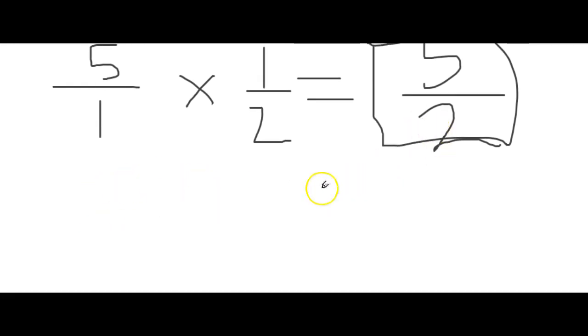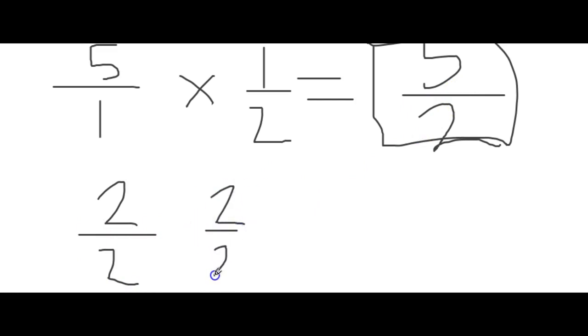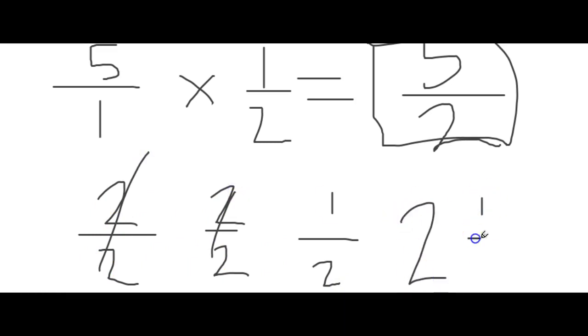Well, our denominator is 2, so we have 2 over 2. That will leave us 3 over 2, so we have another 2 over 2. And then how much is remaining to give you 5? That's 1 over 2. So how many sets do we have here? We have 1, we have 2, so the answer would be 2 and 1/2.